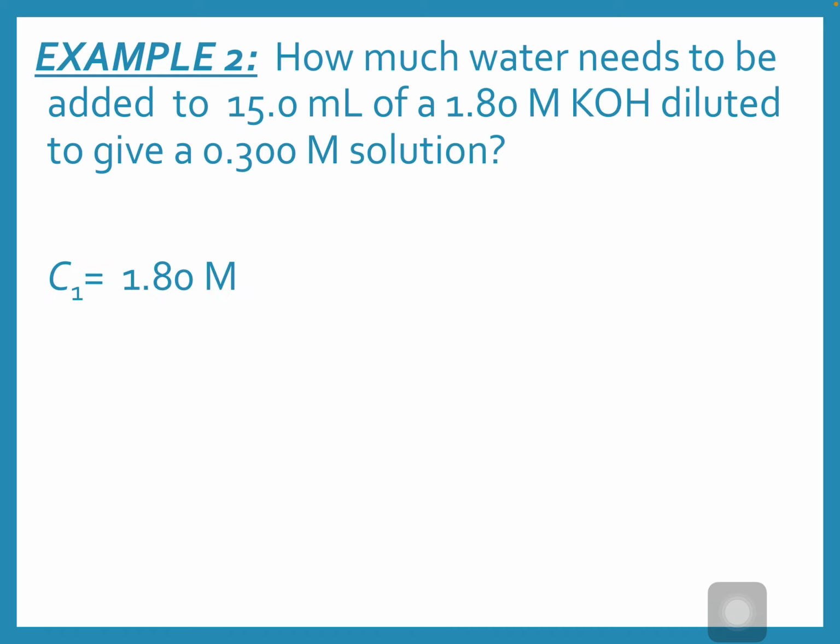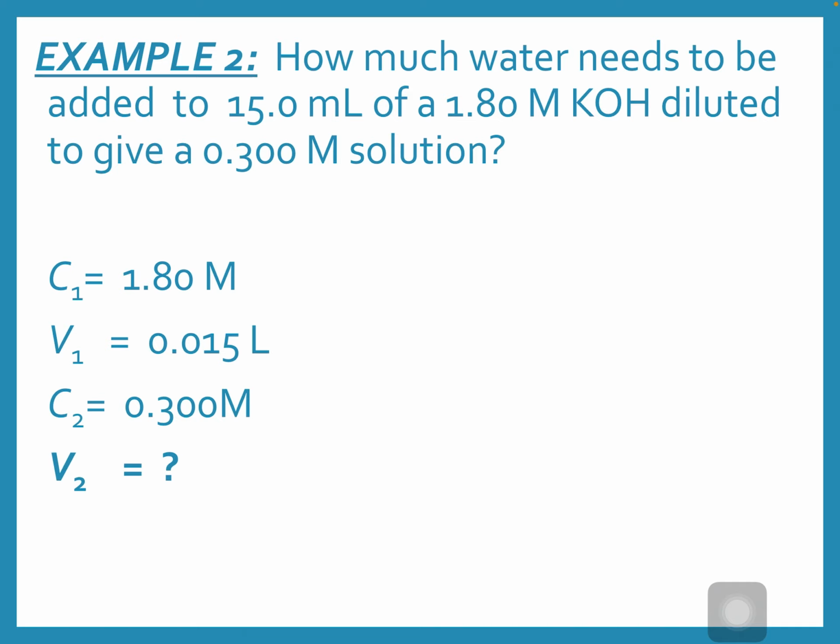So I'm starting with a 1.8 molar solution of potassium hydroxide, and I have 15 mL of that. Divide that by 1,000 to convert to liters, so 0.015 liters of potassium hydroxide. And I want to end up with a 0.3 mole per liter solution. So I need to figure out what my final volume is.